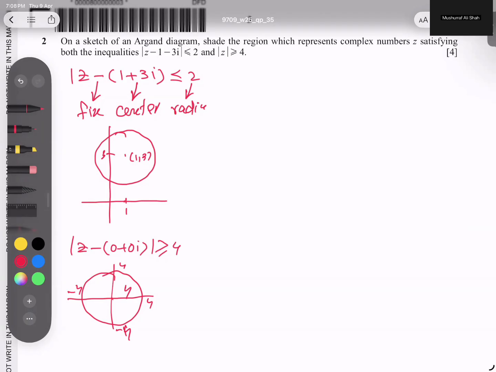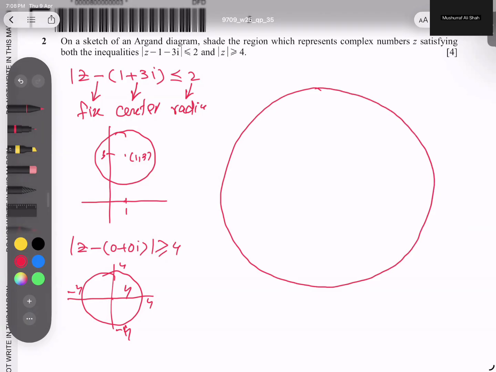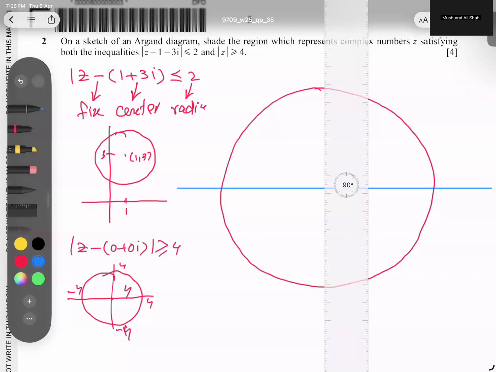First of all, it is very clear. I will make a big circle. Then I make a scale. Okay, this is done.